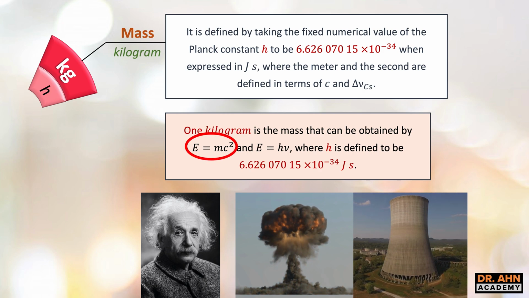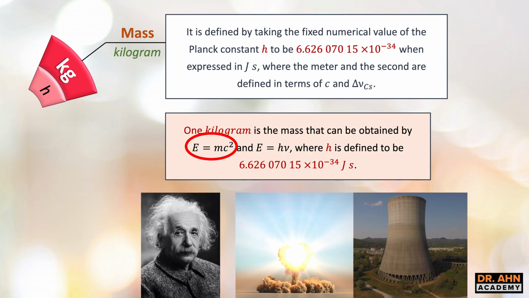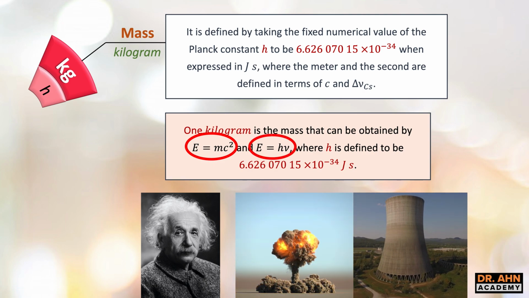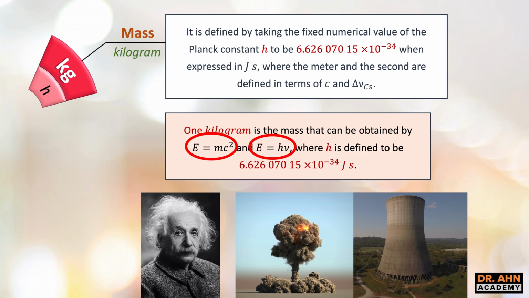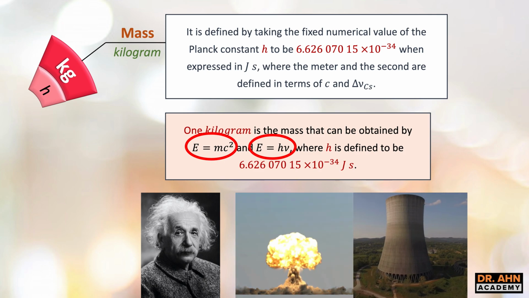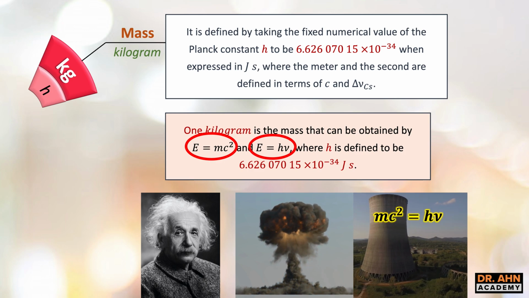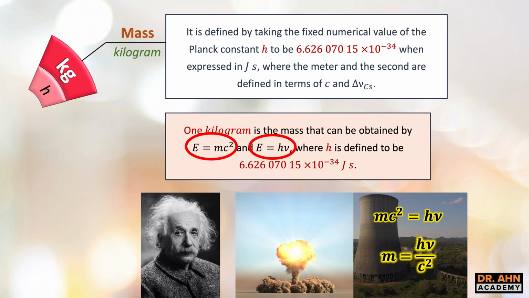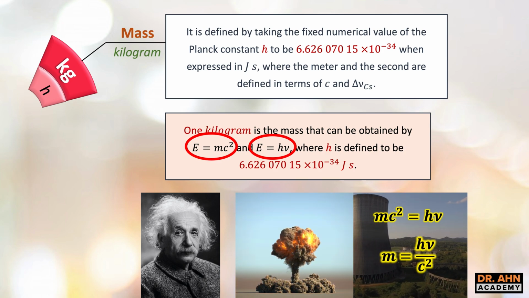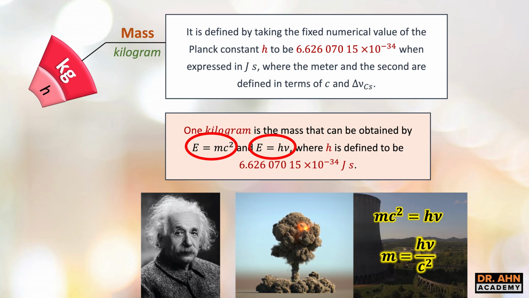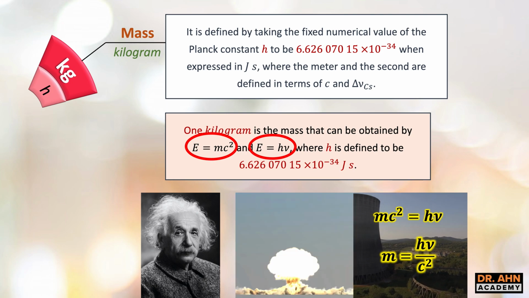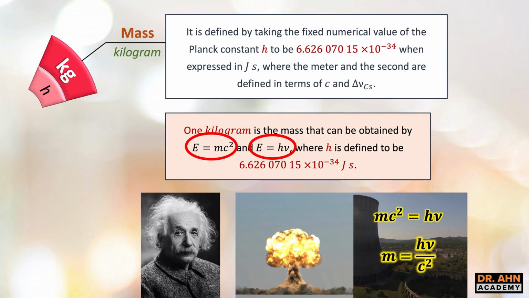So mass can be converted into energy, and that energy is in turn related to this Planck constant h times the frequency of the light nu. So if you let those two equations equal to each other, we have mc squared equals h nu, and therefore we have m equals h nu over c squared. Since we know all the quantities on the right side, the mass 1 kilogram is defined.